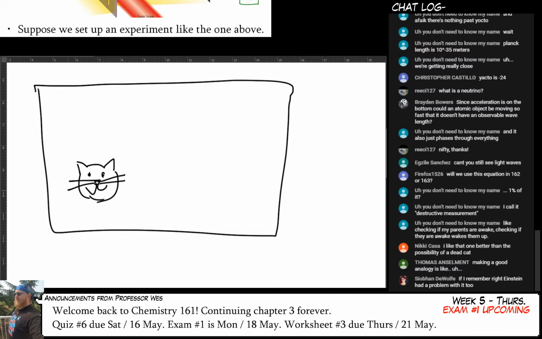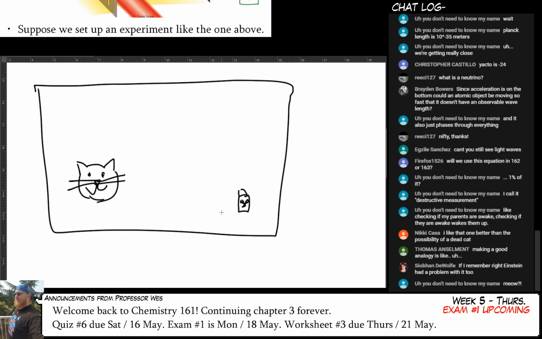And here's my cat. I'm trying to draw it really quickly. And the cat is in a box that contains a vial of radioactive material. So here's my vial. It's got the radioactive material in it. And there's enough material in there that will kill the cat. Okay? Now, we obviously don't want that.